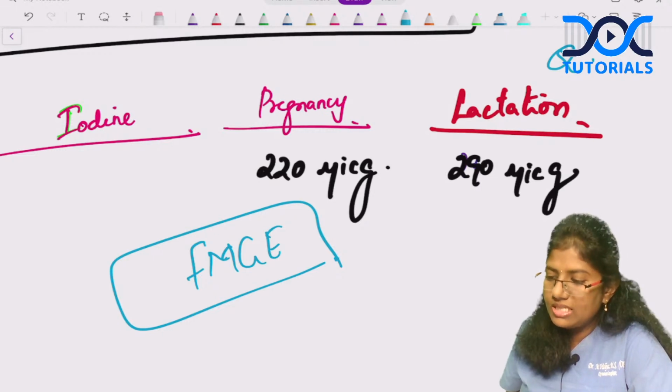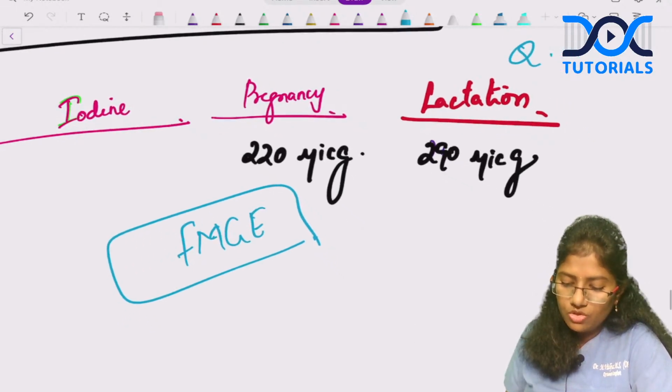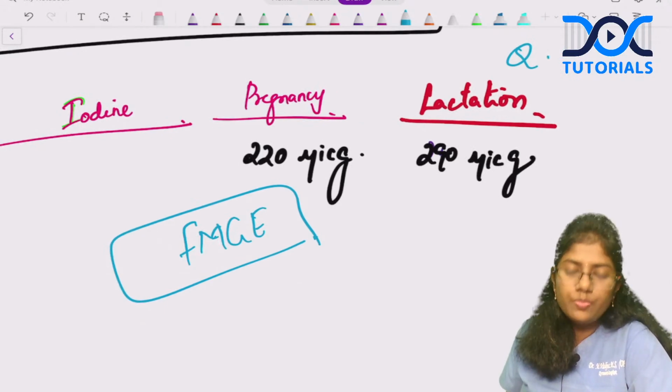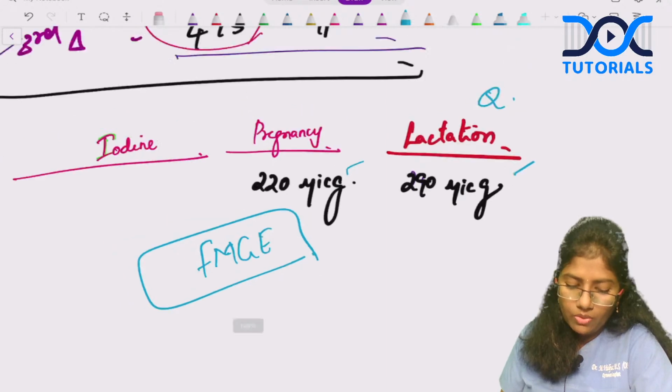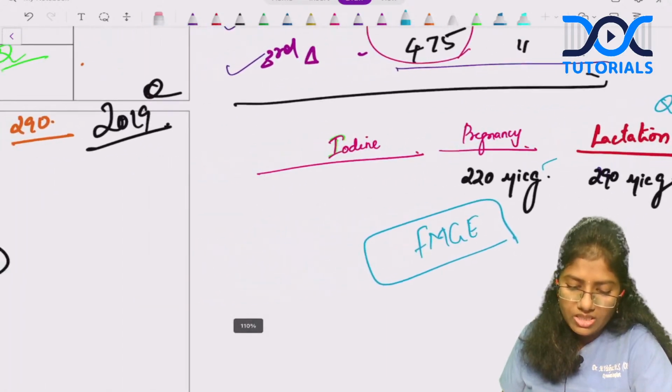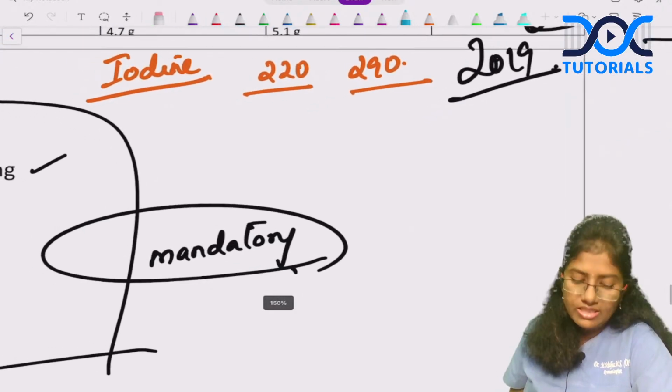These points are picked line by line from the obstetrics textbook of Williams. So 220 microgram and 290 microgram are the most appropriate answers for iodine requirement during pregnancy and lactation.